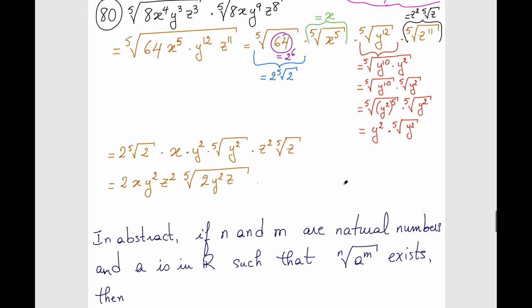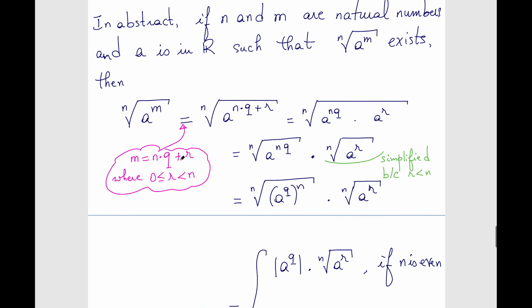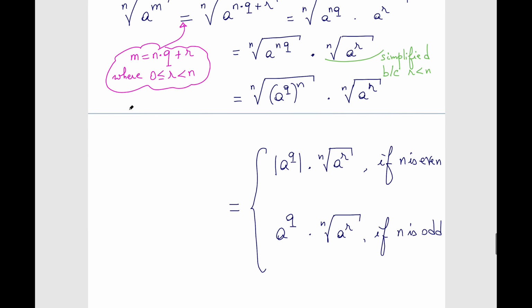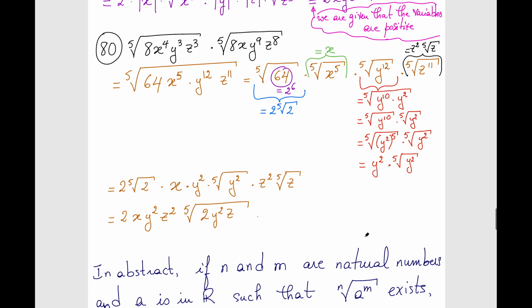For z to the 11, and we're talking about the fifth root, so m is 11 and n is 5. So q is going to be 2 and r is going to be 1, right? Because 11 is 5 times 2 plus 1. So this is going to be written as a to power 2, because q is 2, times the fifth root of a to power 1, and z to power 1 in this case, right?